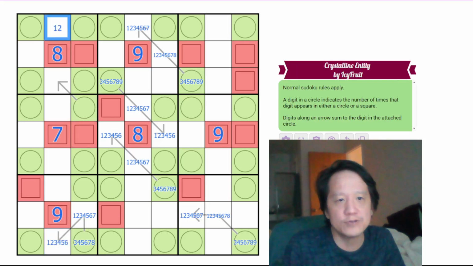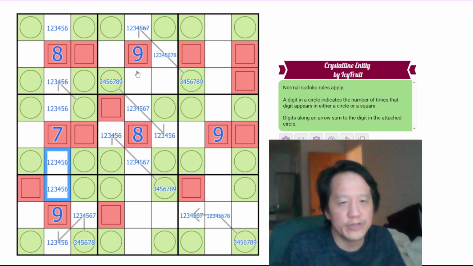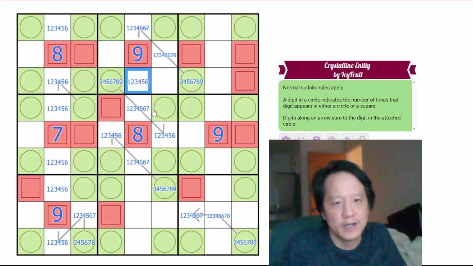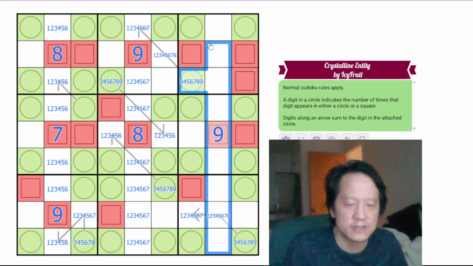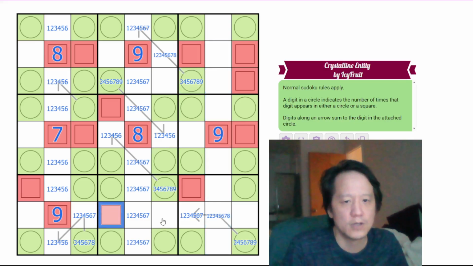We have 1 through 6 in the rest of column 2, 1 through 7 in the rest of column 5, and then 1 through 8 in the rest of column 8. So that's not that helpful there.